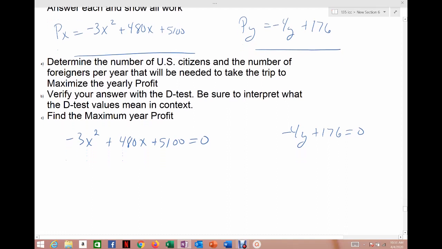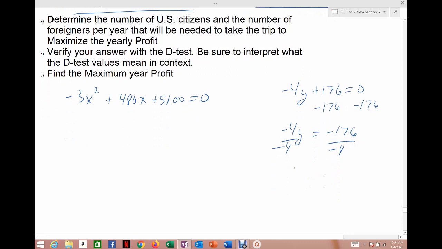So it's just solve accordingly. Solve that one for x, solve this one for y. I'm actually going to solve for y first because it's the easier one. I'm going to move my 176 to the other side. Negative 4y equals negative 176. Divide out by my negative 4. And so my y value is positive 44.